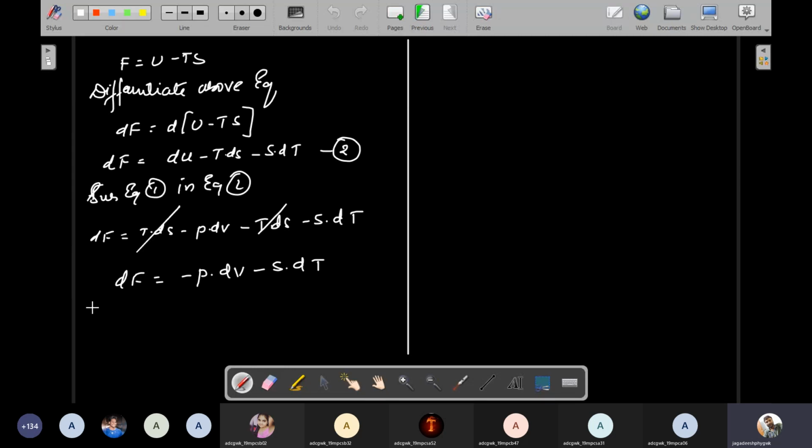Okay, now taking the partial derivatives. I already told you what the partial derivatives are in yesterday's class. This function has two coordinates, pressure and entropy.